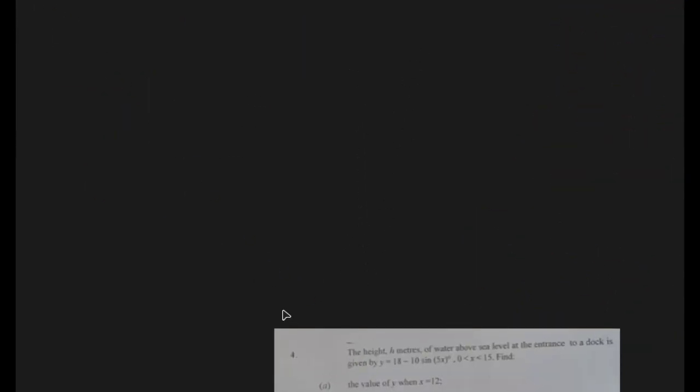We have here the height, h meters, of water above sea level at the entrance to a dock is given by this. So this is sea level, and h is the height.